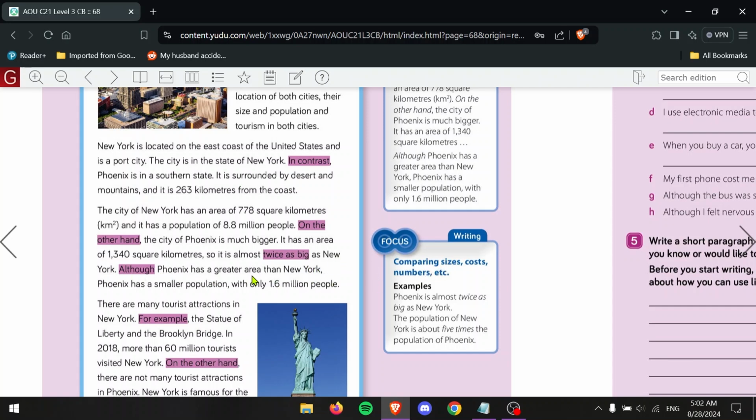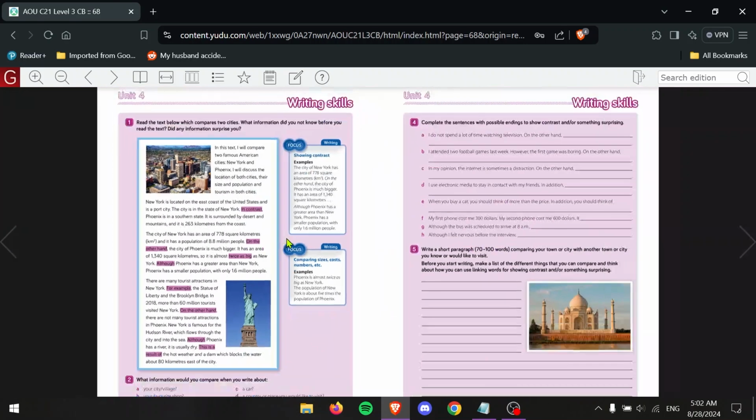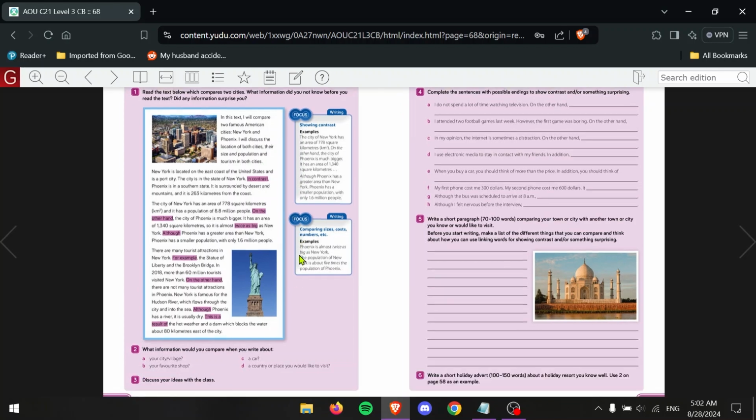Although is again showing contrast, Phoenix has a greater area than New York. Phoenix has a smaller population with only 1.6 million people. Okay, I hope you guys are able to get the idea of how we show contrast and how we compare different things. In this case, it's between cities.